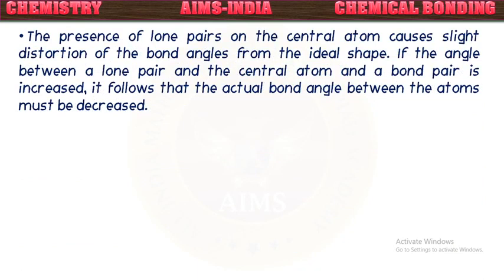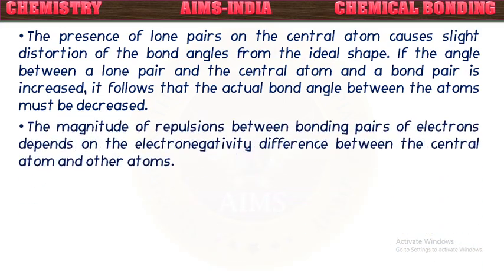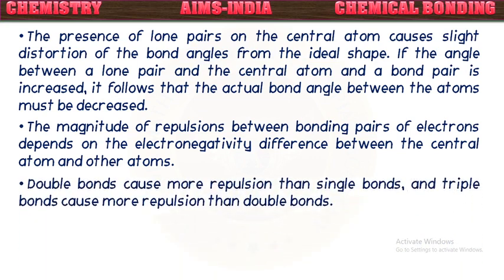The presence of lone pairs on the central atom causes slight distortion of the bond angles from the ideal shape. If the angle between a lone pair on the central atom and a bond pair is increased, it follows that the actual bond angle between the atoms must be decreased. The magnitude of repulsions between the bonding pairs of electrons depends on the electronegativity difference between the central atom and other atoms.